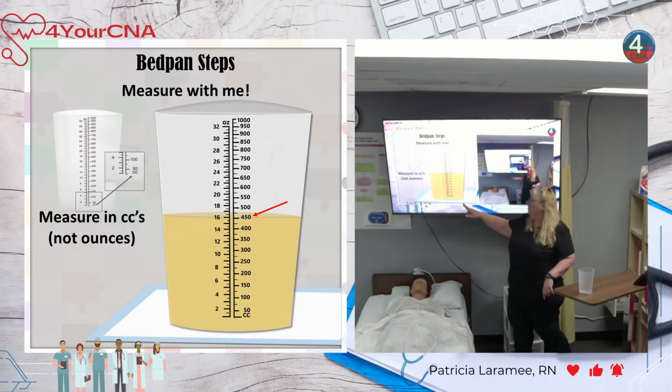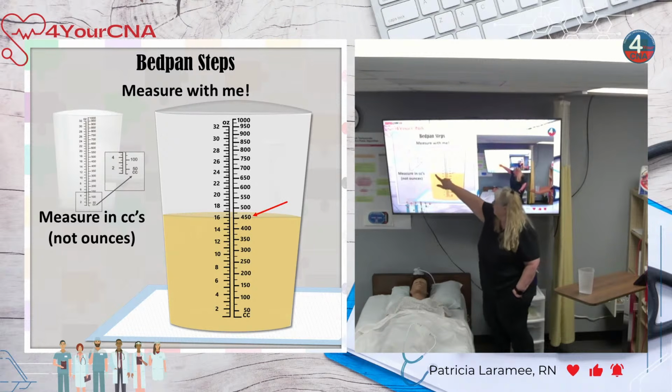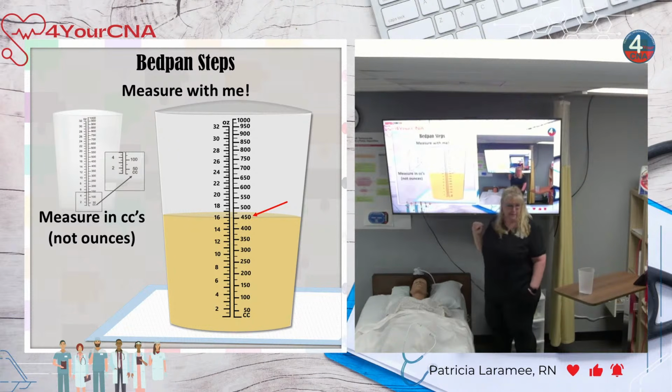I'm going to round to the nearest line so we can see that this urine in this cup stops at 450. For medicine, we always use cc's and mLs. You guys remember that? So we don't even pay attention to this side. This is at the 450 line, so I would consider this 450 mLs. I'm not going to say 451.